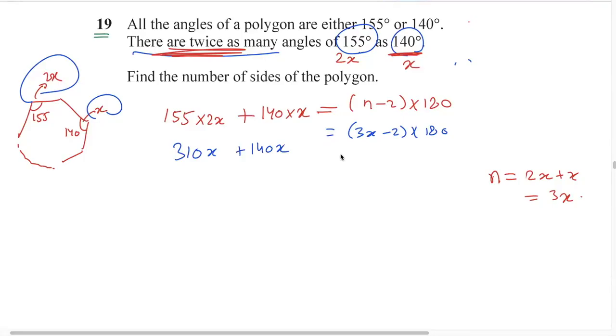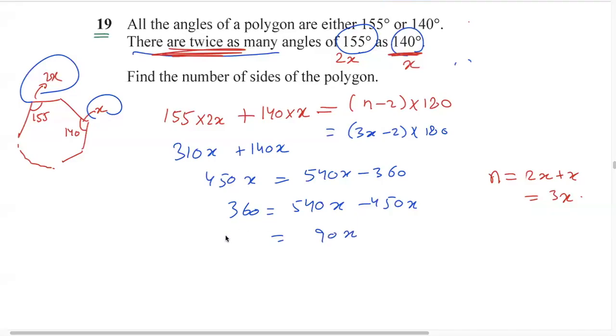So 310 and 140 is 450x on the left-hand side, and on the other side, 180 times 3 is 540x minus 360. Now we rearrange: 360 equals 540x minus 450x, that is 90x, and x equals 360 by 90, that is 4.